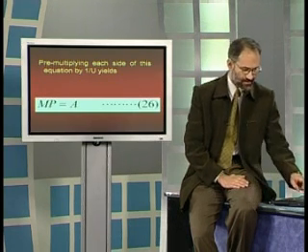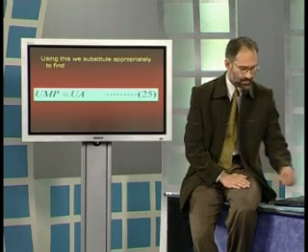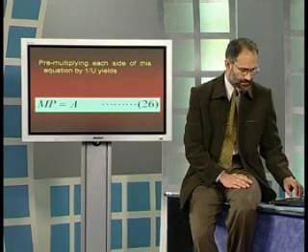So if we multiply both sides by 1 over U, the two U's disappear, and we have MP equals A as the new equation, marked as the 26th.